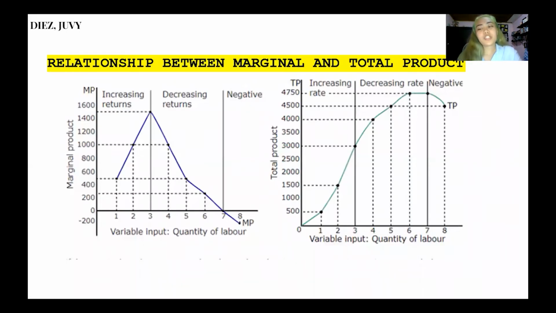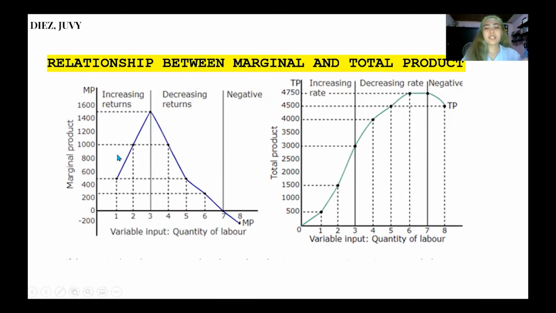To give an illustration about the relationship between the three algebraic measures, as discussed by Ms. Aceron a while ago, here is an illustration. So, for the relationship between the marginal and the total product, the law of variable proportion is used to explain the relationship. It states that when only one variable factor input is allowed to increase and all the other inputs are constant, the following can be observed.